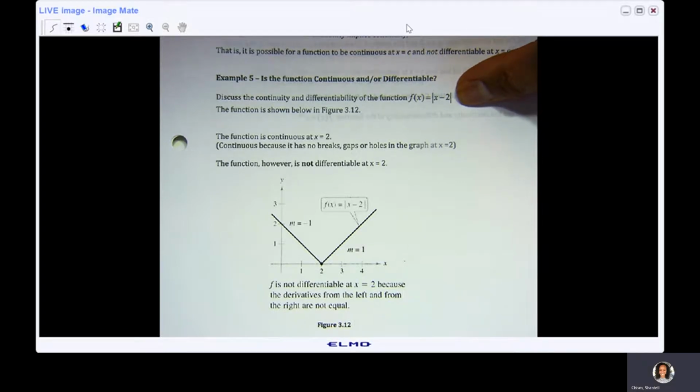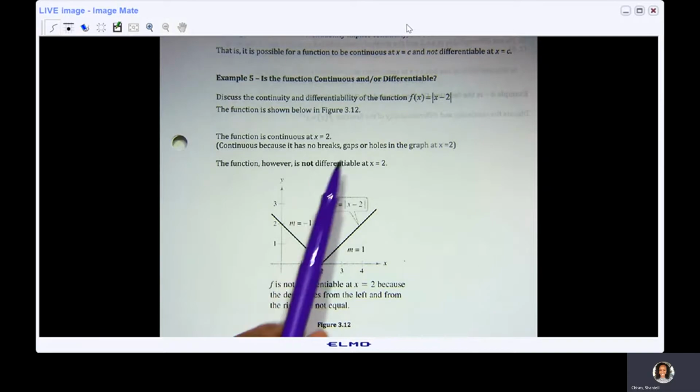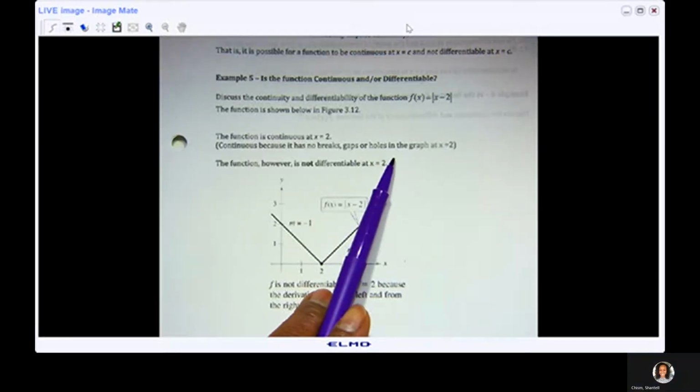A function where you've got absolute value of x minus 2. It has no break, it has no gap.